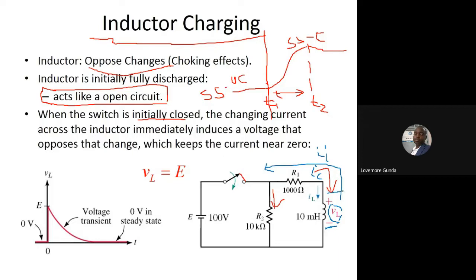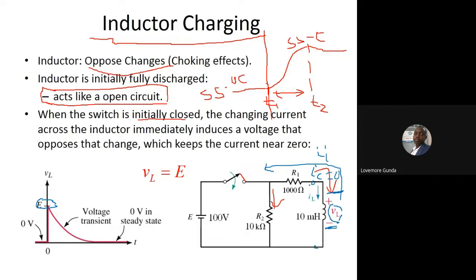Because it has induced a maximum voltage across it. So its voltage, if we assume, will be at a certain value, say E. Why do we say E? It's because initially the current I is equal to 0. So this will be like an open circuit.